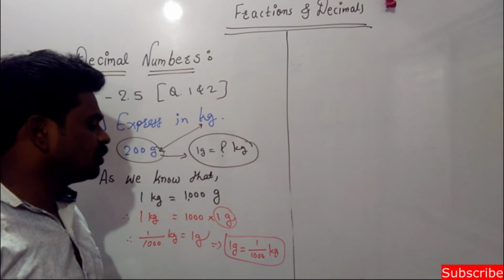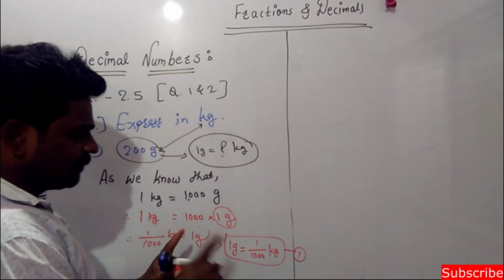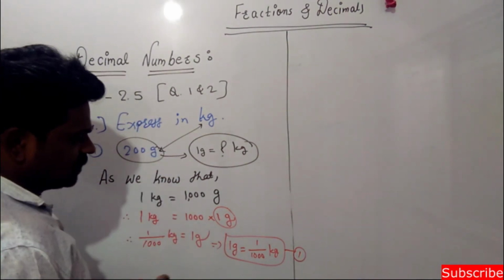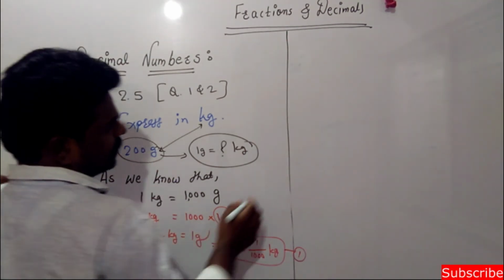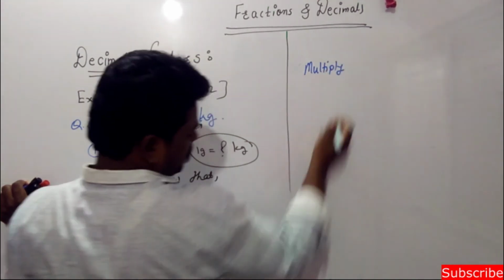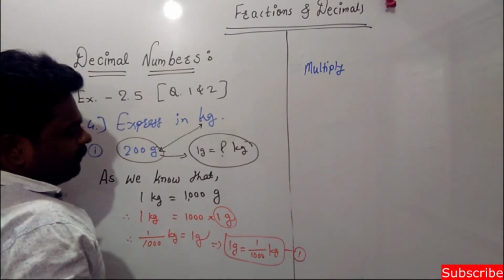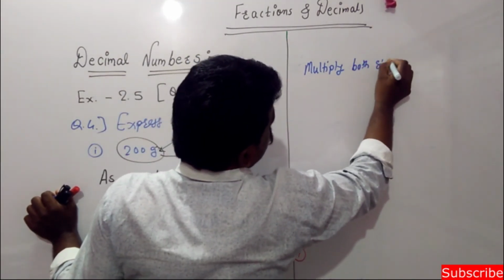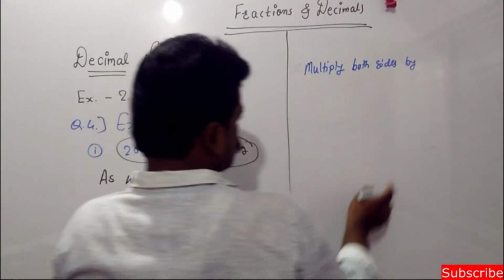Now we need to find out 200 gram. So suppose this is equation number 1. Multiply both sides of equation 1 by 200. If you understand what we are doing, then no need to write that thing.